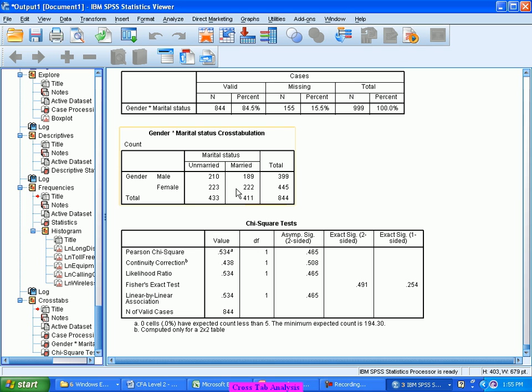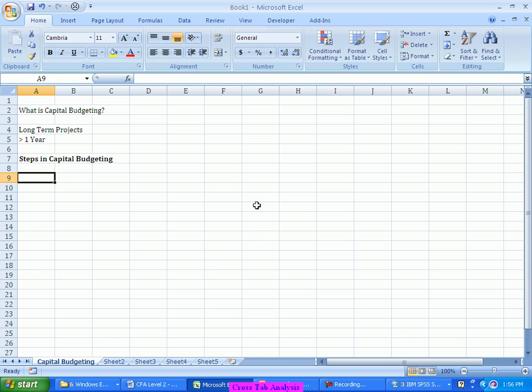It should be 433 into 399 divided by 844. How much is that number working out to? 433 into 399 divided by 844. So the expected number is 204.7 to bring out the uniformity.